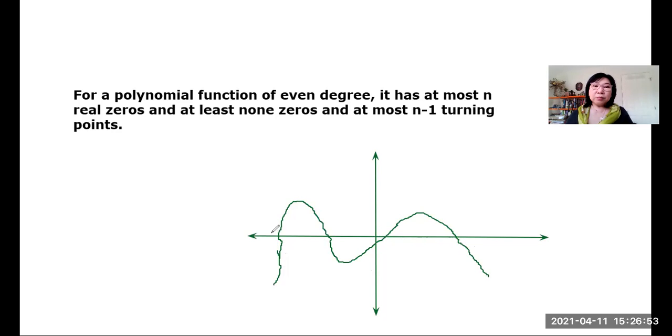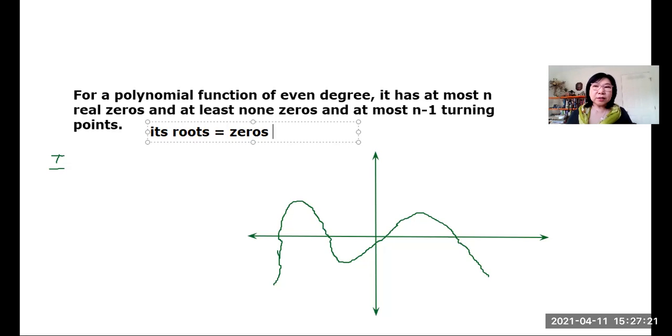Now, what is the degree of this function? The degree of this function is based on its roots, right? Its roots. I'm going to type in. Okay. Its roots equivalent to zeros. We count this, right?